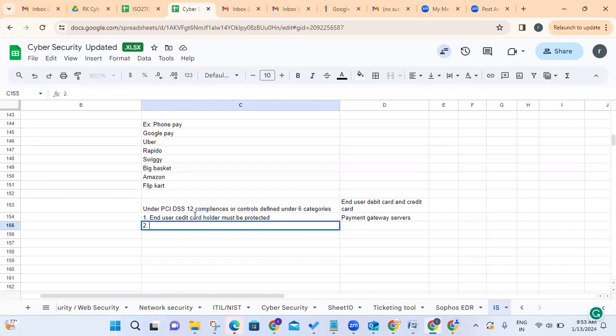A second one is encryption at rest of the end user data.